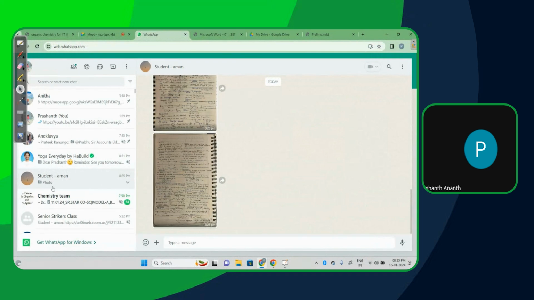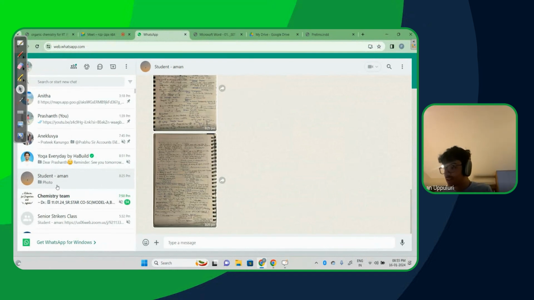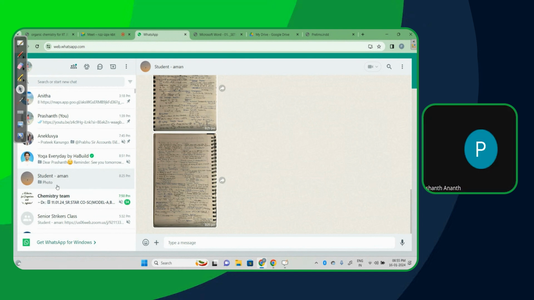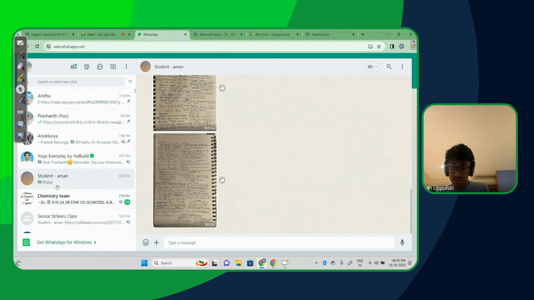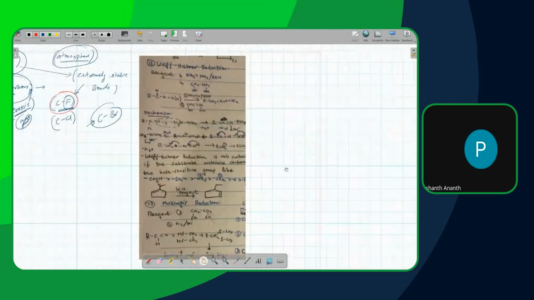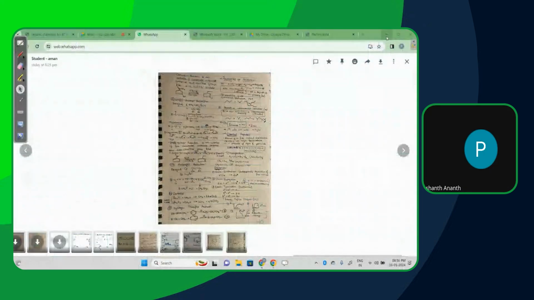So this is your synopsis for your alkanes? I mean, there's more, but should I send the rest? Send me the rest of alkanes. Okay, so he's talked about Clemmensen's also over here, I see.